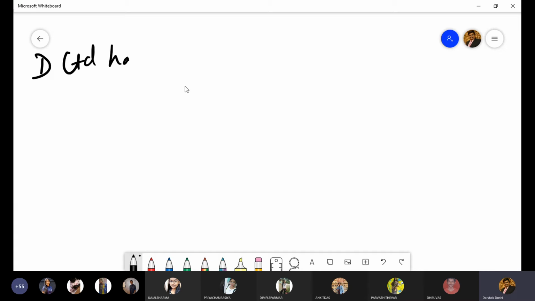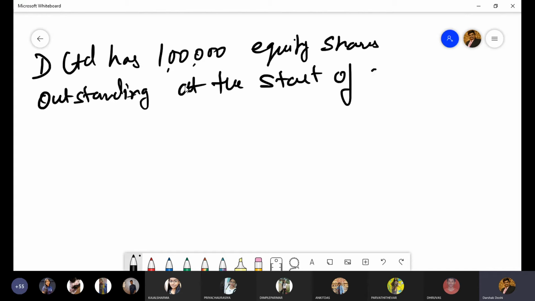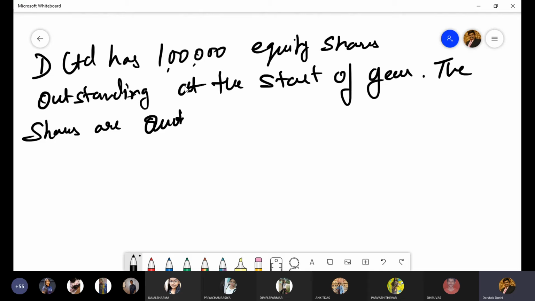D Limited has 1 lakh equity shares outstanding at the start of the year. The shares are quoted at rupees 50 per share.